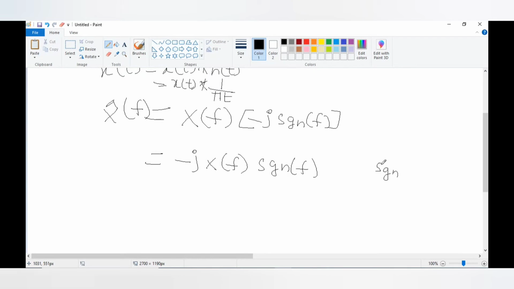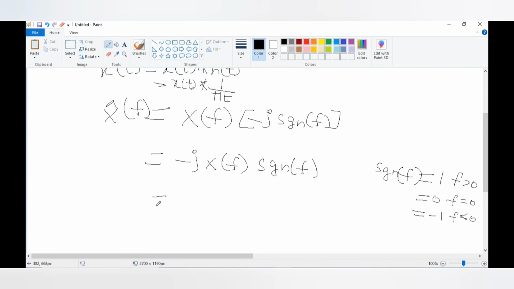Signum of f is equal to 1 for f greater than 0, equal to 0 for f equal to 0, and equal to minus 1 for f less than 0.